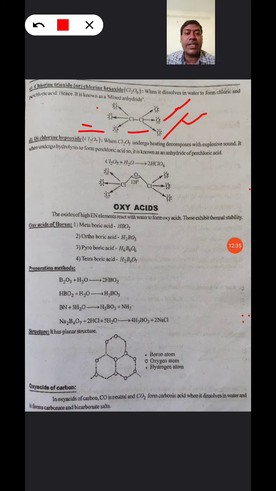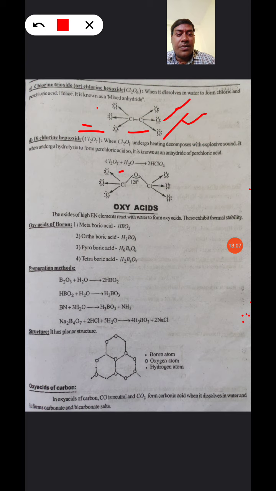Here the general formula of dichlorine heptoxide is Cl2O7. When it undergoes heating, it decomposes with explosive sound and it undergoes hydrolysis to form perchloric acid. That's why dichlorine heptoxide is known as the anhydride of perchloric acid.